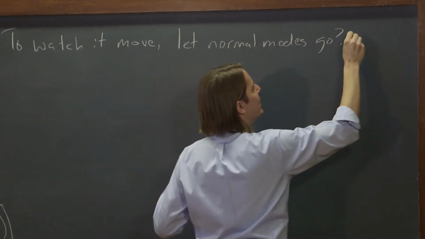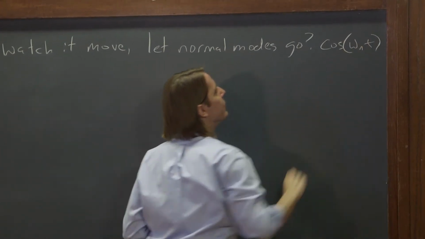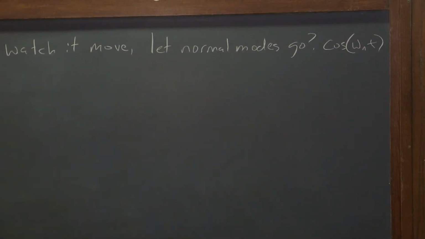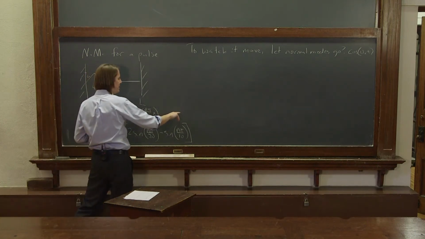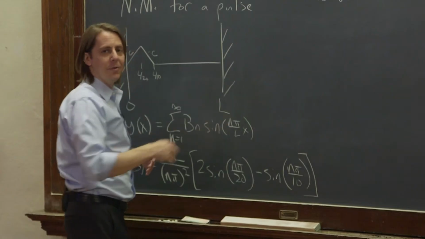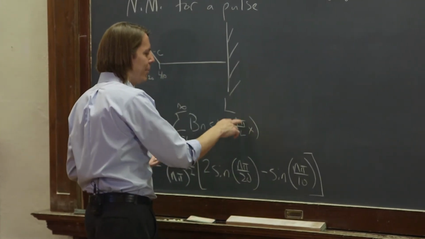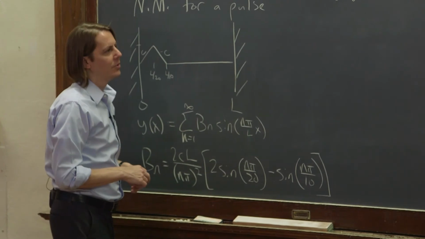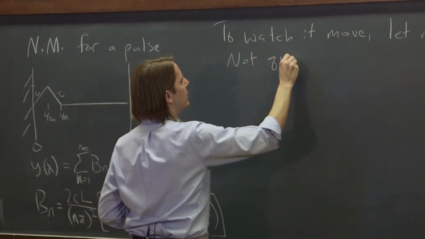And by go, I mean, do you multiply them by cosine omega n t? So if this is the function of x, we could just write cosine omega n t and let it evolve and see if that gives us the motion, where omega n is the proper n pi v over L. Well, not quite is the answer to that question.